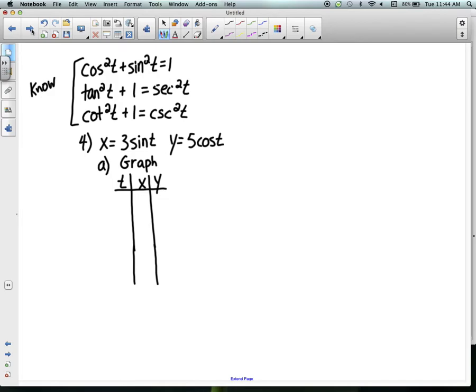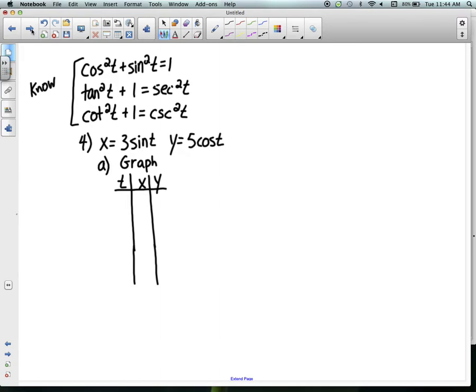The first one, cosine squared plus sine squared is equal to 1. Most of you probably remember that one. The other 2 you will also need for this situation when we go to do converting. So the trig identities are not gone completely. We are going to be using them a little bit in this unit and some trig stuff in future units also throughout this half of the year.